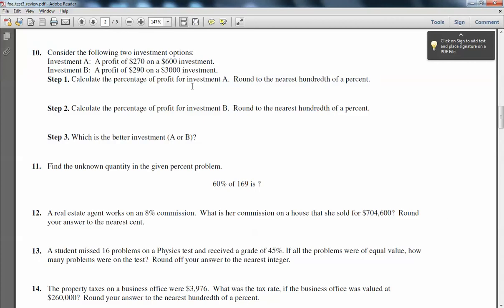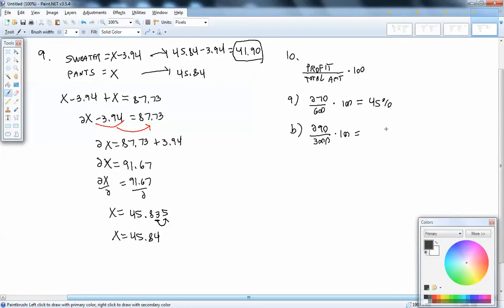And round to the nearest hundredth of a percent. Now what I came up with is 9.666 bunch of sixes percent. When I say round to the nearest hundredths, the th on there tells us this place right here, and we'll go to the right of it, so this would give us 9.67. We round up because that's 5 or greater.